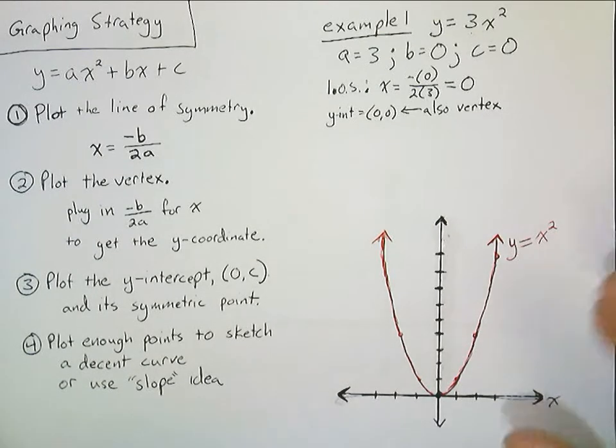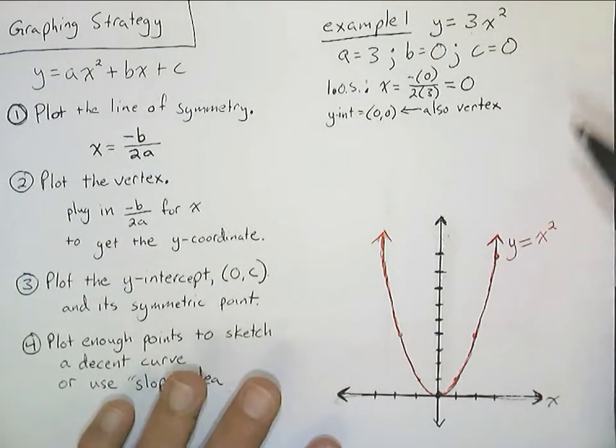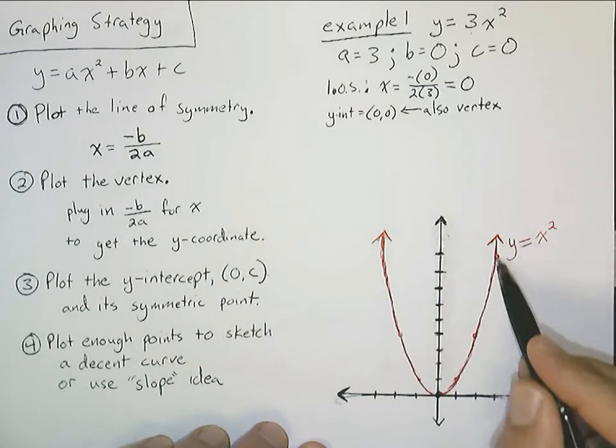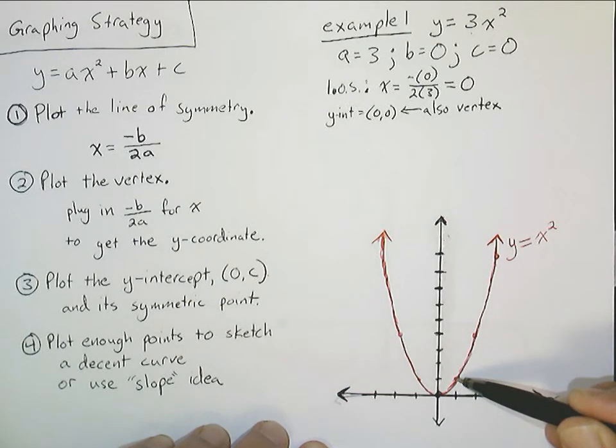Or what I like to think about is this idea of slope. And so check this out. With your parent function y equals x squared, this standard ordinary parabola, as you move away from the vertex, if we move over 1 unit, to get back onto the parabola, we have to move up 1 unit.